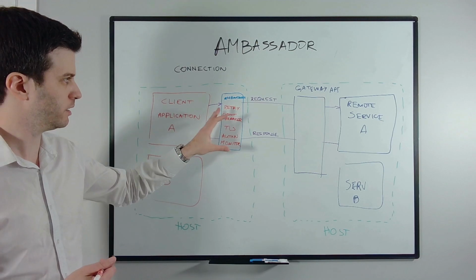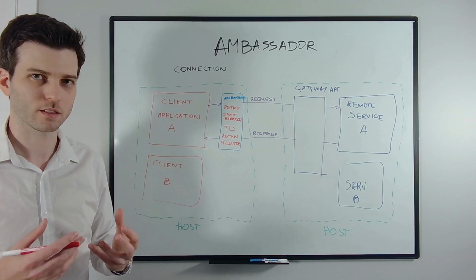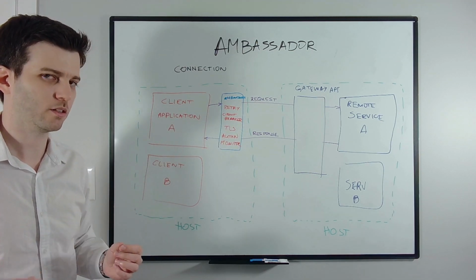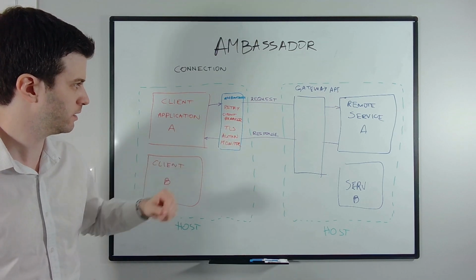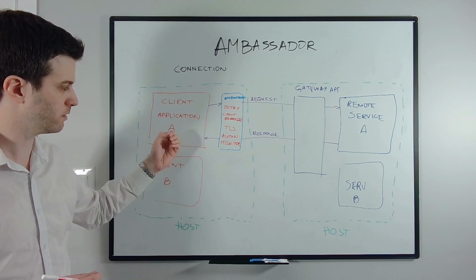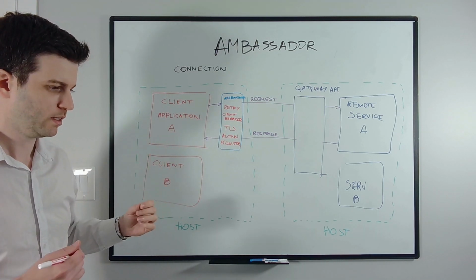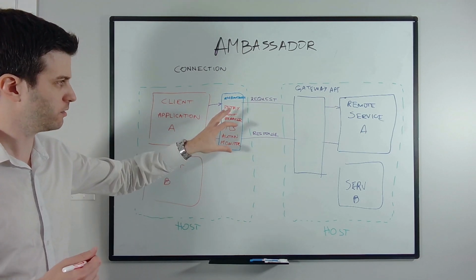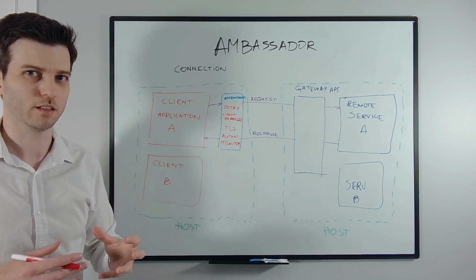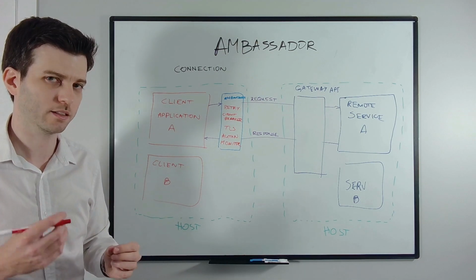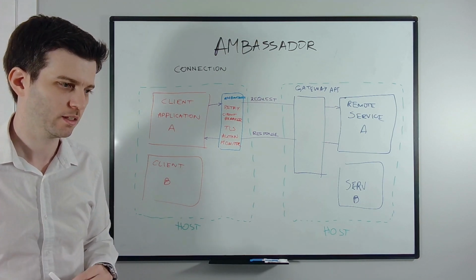Now, this being an out-of-process service, there is a certain overhead between here and here. So you're sending requests, you're receiving responses, and that means you're adding some overhead in terms of the communication. That causes a latency.